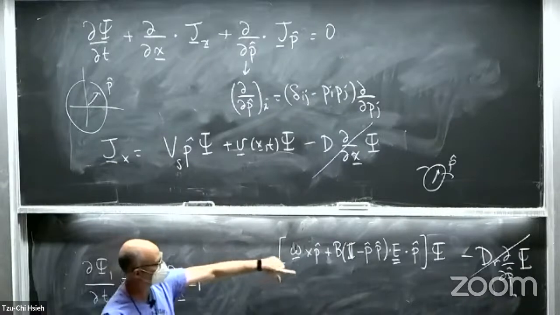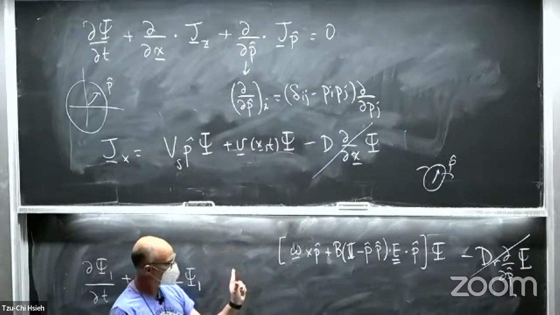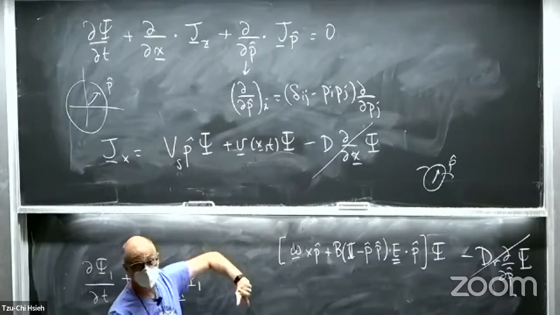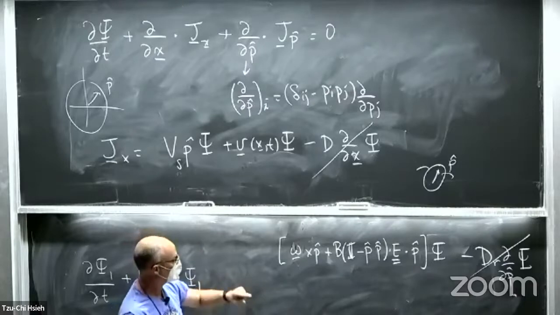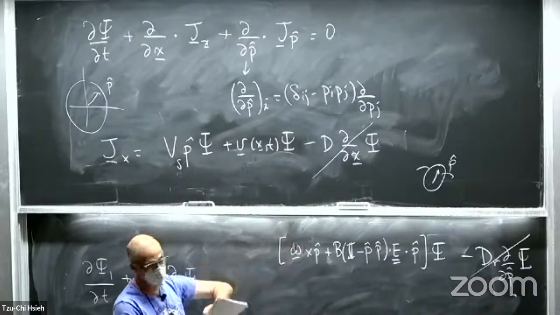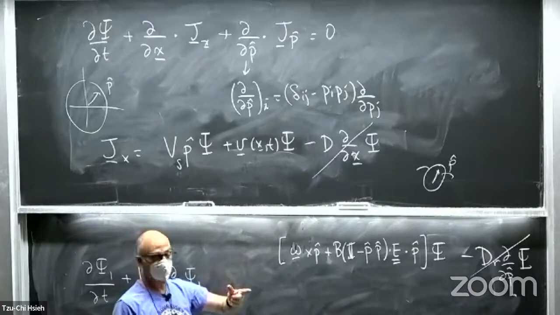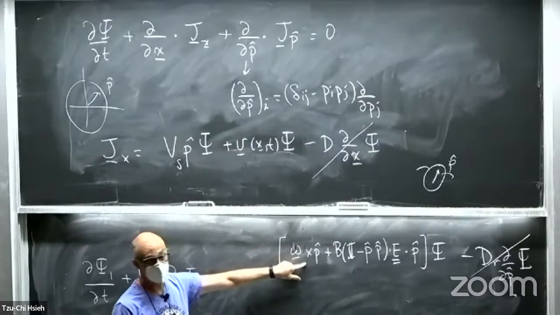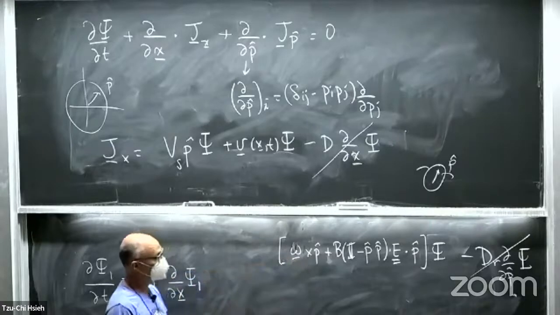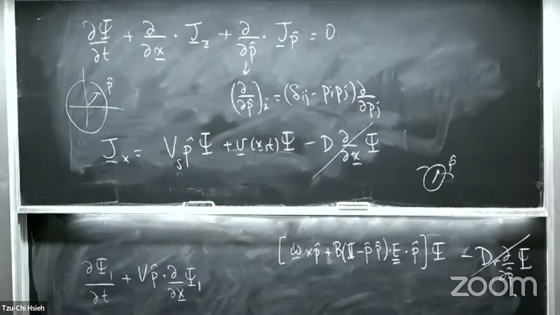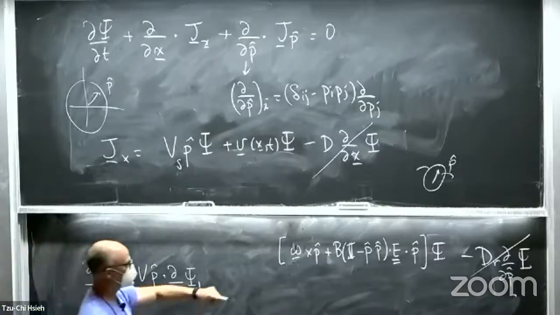So what is this? This is saying that psi is going to change because particles are being rotated by the flow. And we're thinking of the flow in the far field of all the other swimmers as a linear flow. So this first bit is not going to make any contribution because you can check that the particles that leave the little volume are going to enter the little volume.